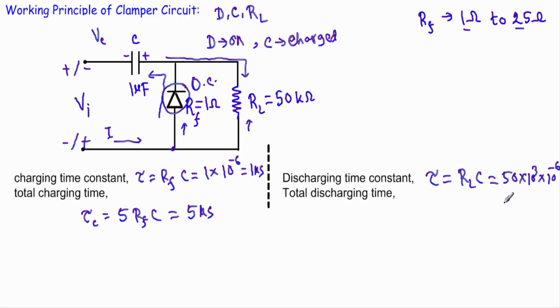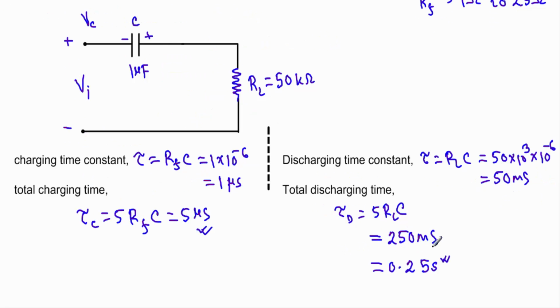Now look, our discharging time constant is 50 millisecond, and it takes 5 times more time for the capacitor to get fully discharged. So I can write 5 RL into C. See, it will take 250 milliseconds or 0.25 seconds.